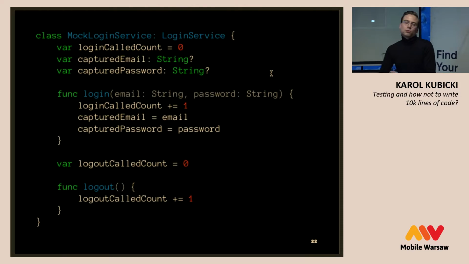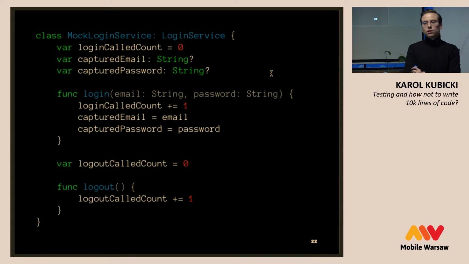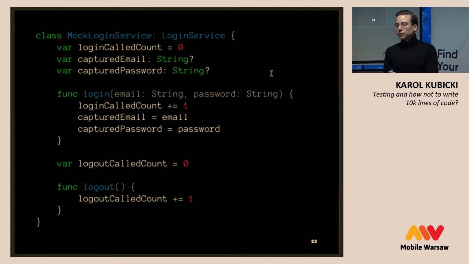What we really want to test in this case is that we passed correct values to the login service. We don't care at this point if it's sent somewhere or not. We just want to know that our logic is correct and passes correct values to the login service. So we need to somehow know which values we've passed. So we need to define captured email and captured password properties here at the top.